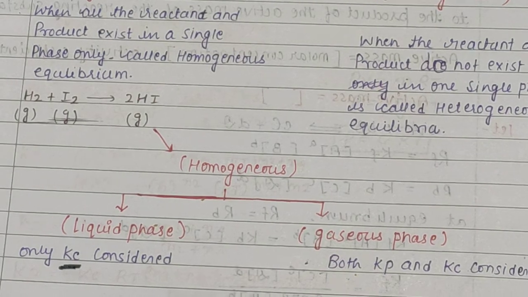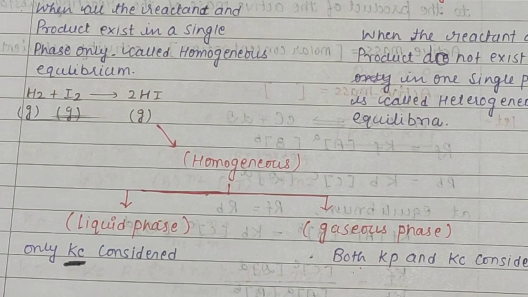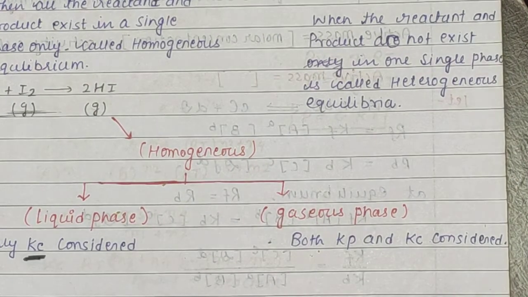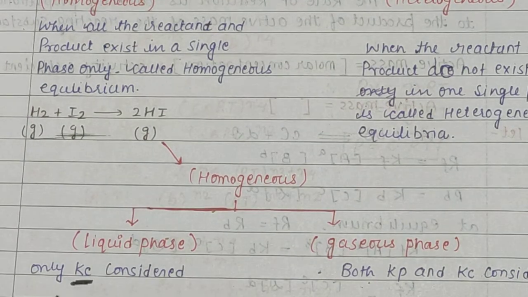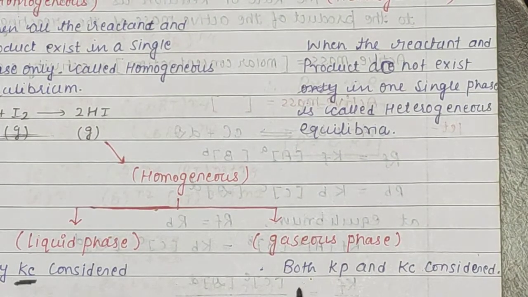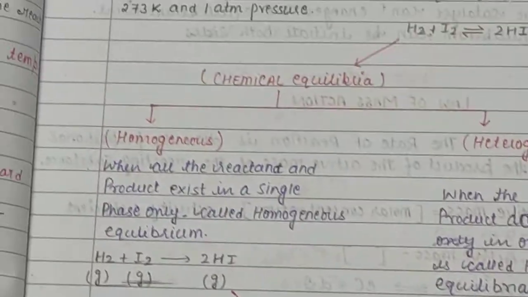And when the reactants or products are in gaseous phase, then both Kp and Kc can be considered. Later on we will understand what Kp and Kc are. First we have to understand that when all the reactants and products are in liquid phase, only Kc will be considered, and when they are in gaseous state, both Kp and Kc will be considered.